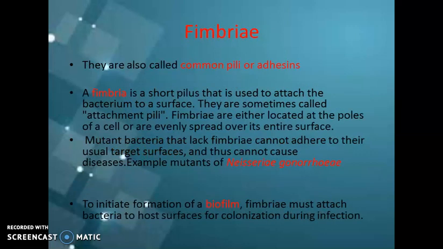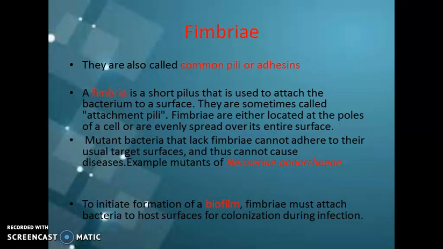Next is about Fimbria. Fimbria and pili are similar, but some differences are there. They are also called common pili or adhesins. Actually Fimbria is a short pilus.